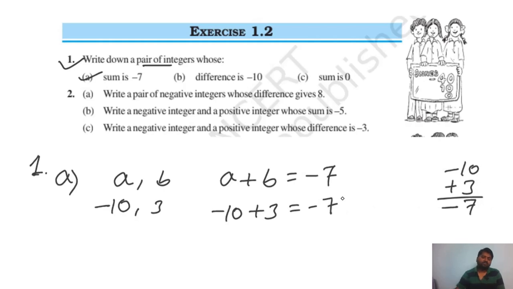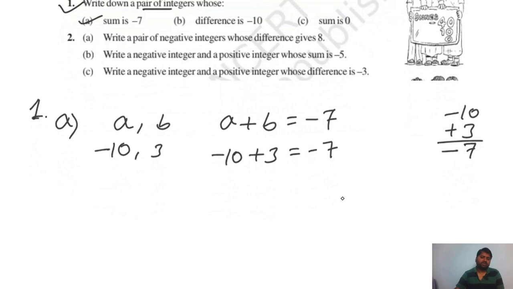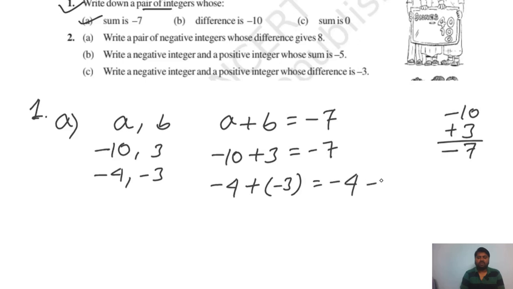Or any number, suppose -4 and -3, you also get -7, because -4 plus -3 is -4 minus 3, that means -7.